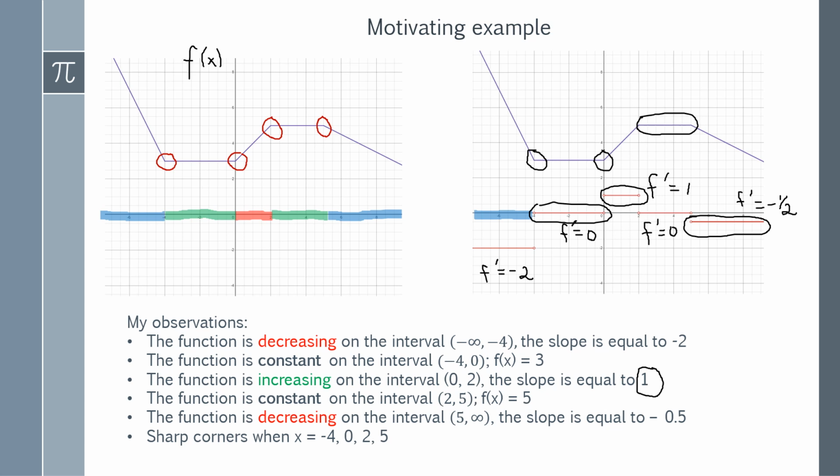So we certainly don't have the derivative existing on the same domain as the actual function for this particular example. This is your first motivating example in our exploration of derivatives, the graphs, and the connection to the functions.